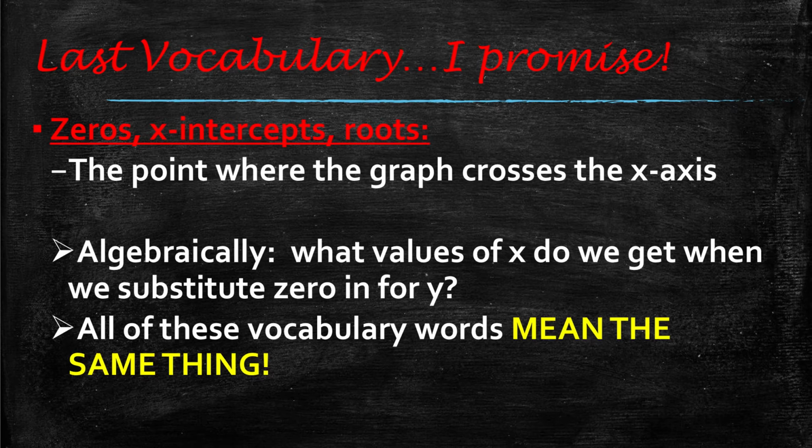Because again, if you think about an x-intercept, right, it's always going to have a 0 for your y. So if we plug in 0 for y, what does that x value become? Then that's going to be your x-intercept. Remember, all of these words, zeros, x-intercepts, roots, they all mean the same thing.